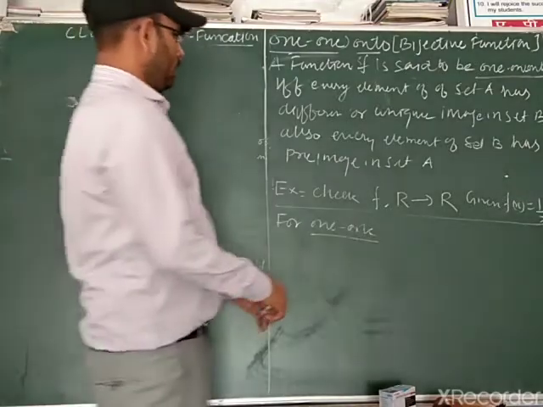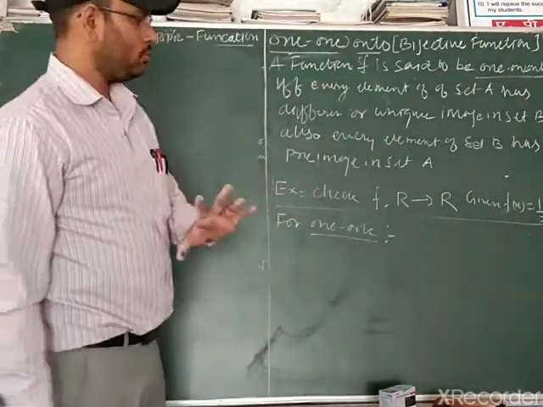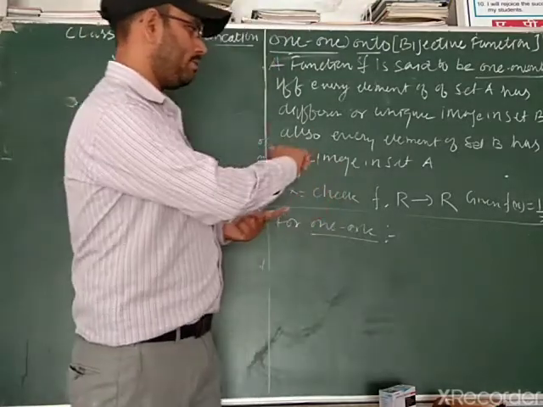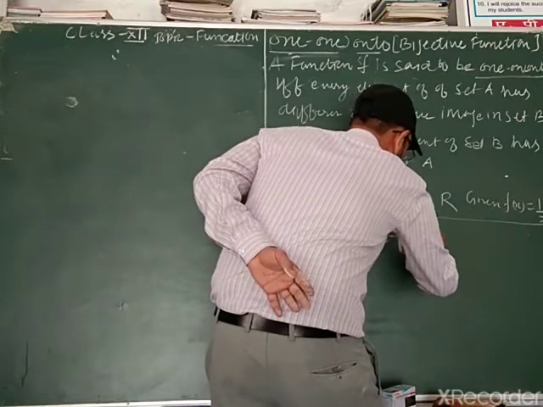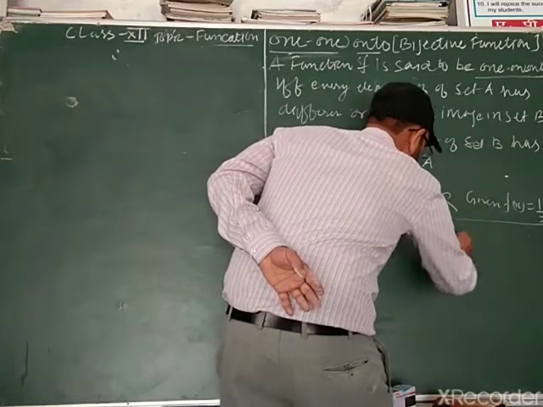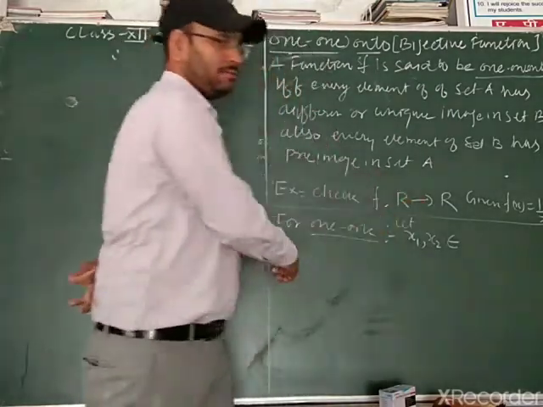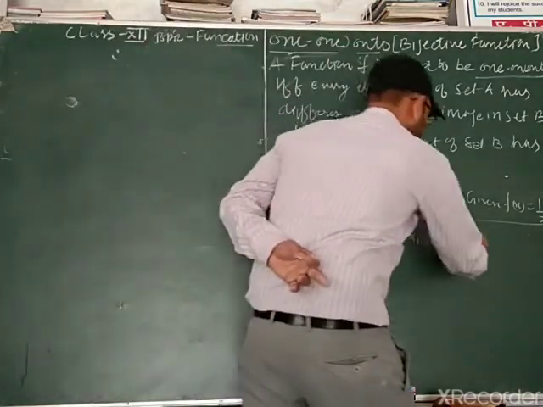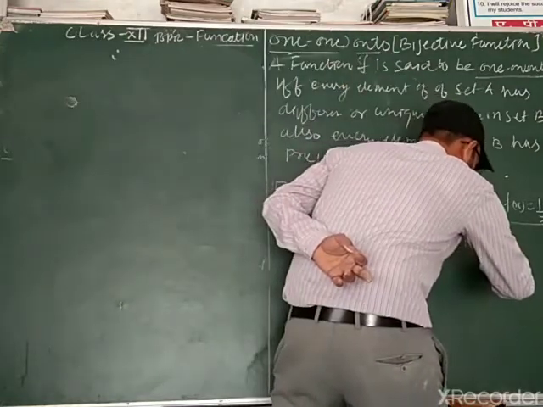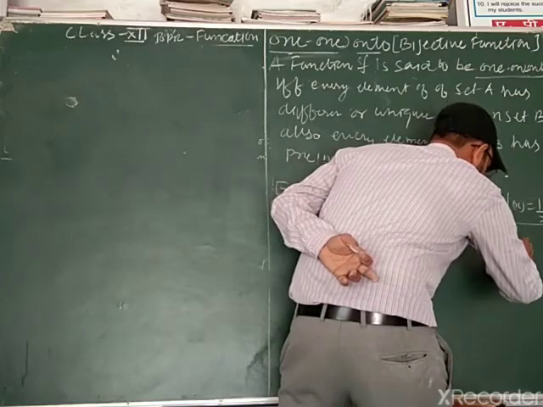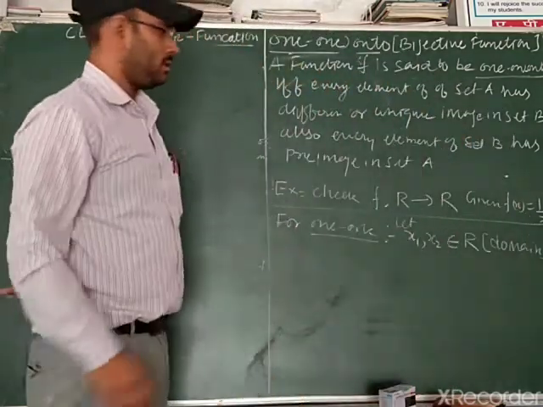Clear? So for one-one we already know that we have to select two elements, x1 comma x2, belonging to the first set. The first set is R, and for your clarification I will write domain, because both are R. Clear?